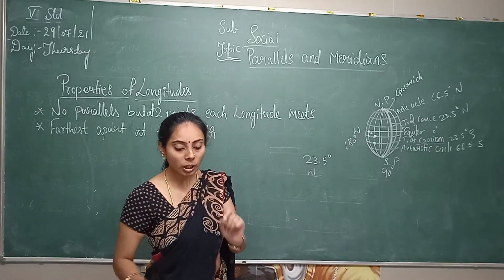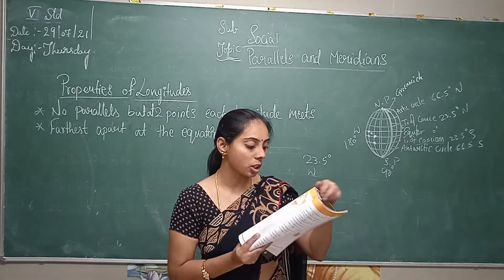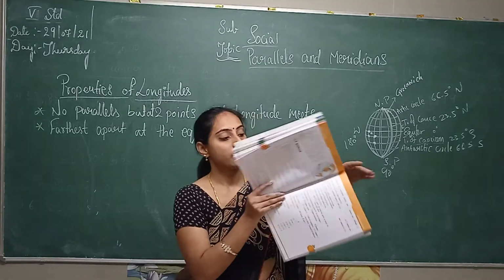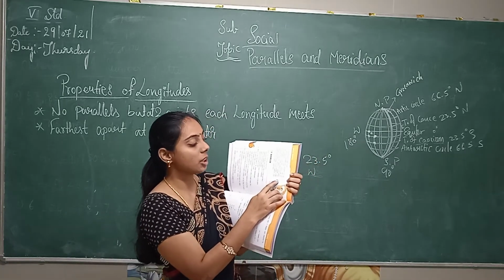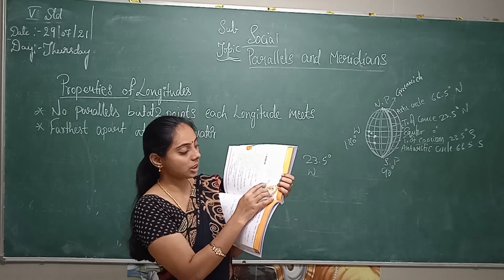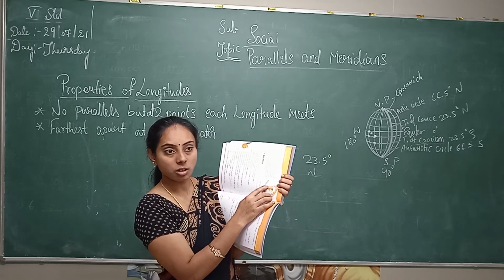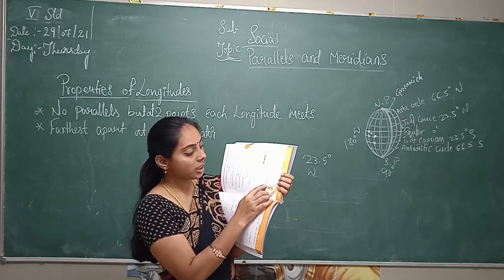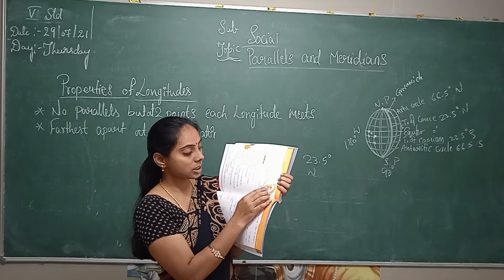So below that, we can divide into degrees. Okay. So look in your textbook. Here they gave the western side: 160 degree west grid, 150 west grid, 140 west grid, 130 west grid, 120 west grid, 110 west grid, 100 west grid.